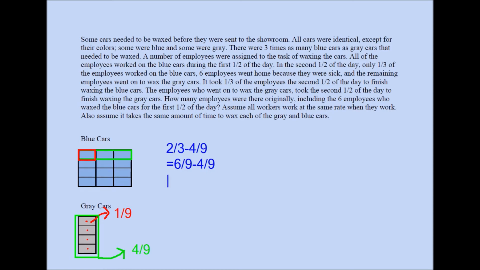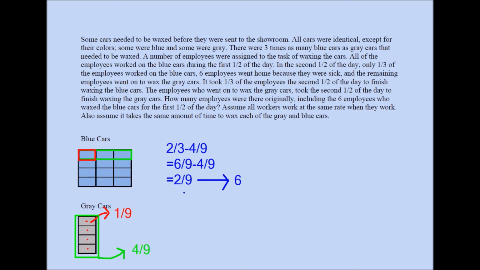Now 6/9 minus 4/9 is 2/9. So I can conclude 2/9 of the employees went home and 6 employees went home. So this has to be 6. That is, 2/9 of all the employees must be 6.